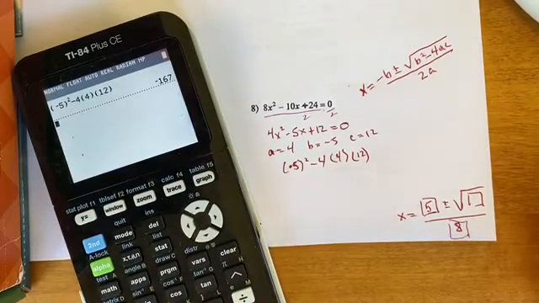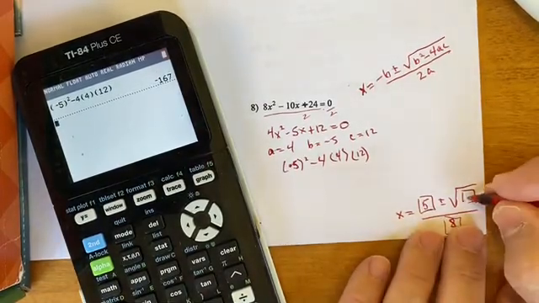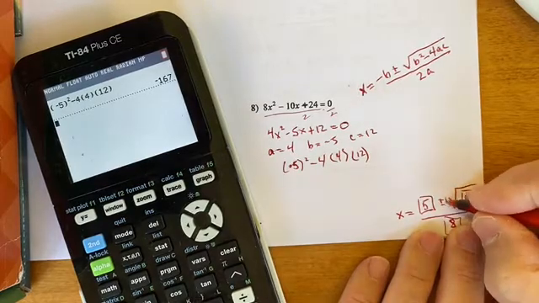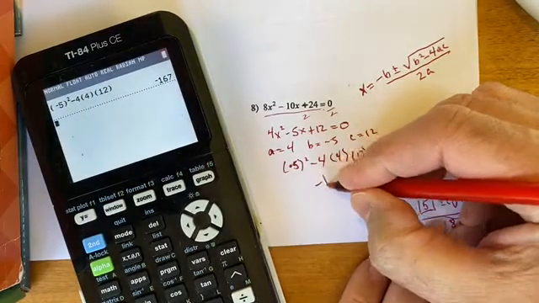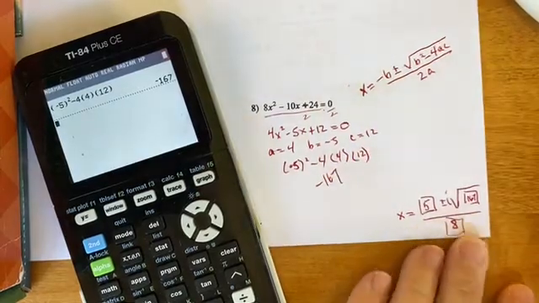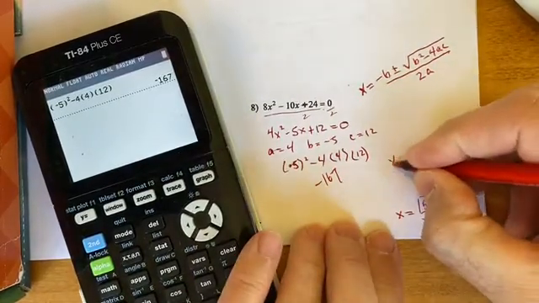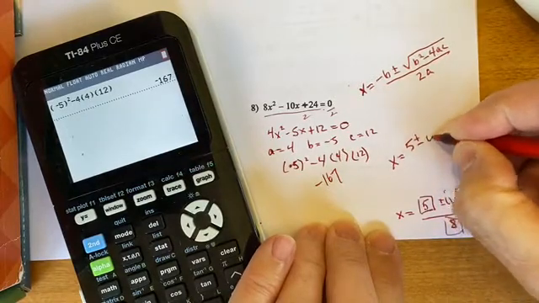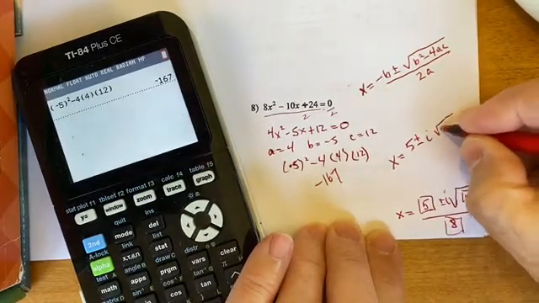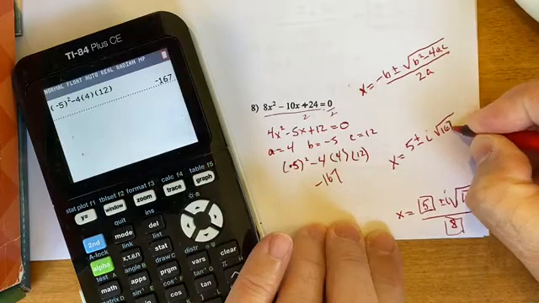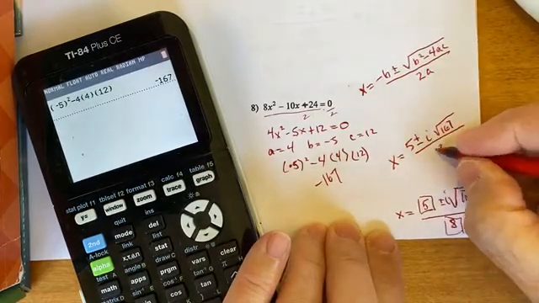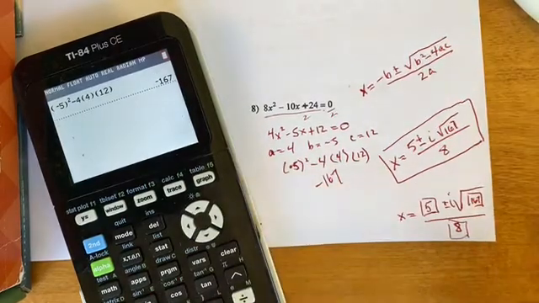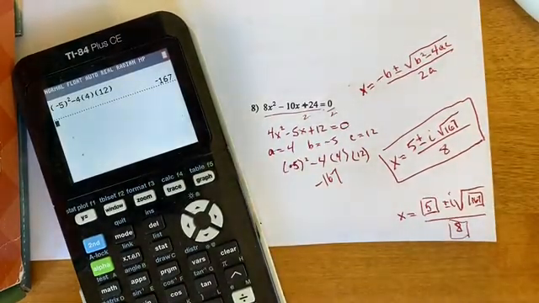And that's negative 167. So 167 goes in here and an i goes out here. So let's write this so it's a little bit neater. Positive 5 plus or minus i square root of 167 all over 8. And there you go.